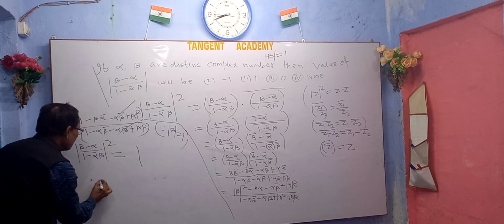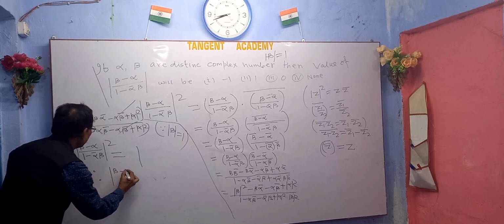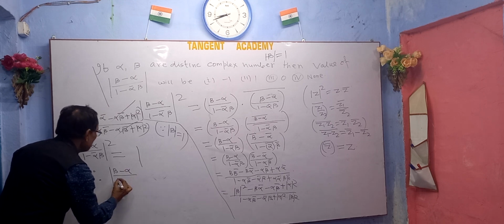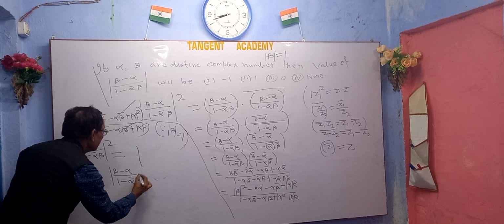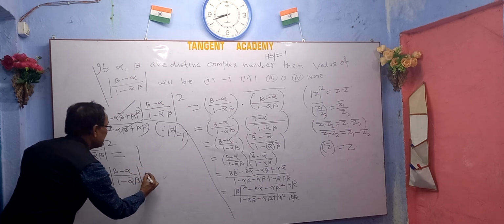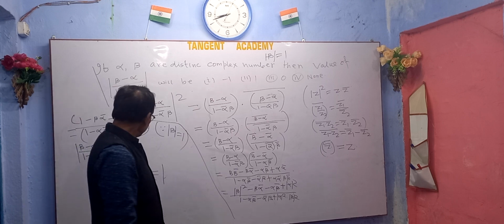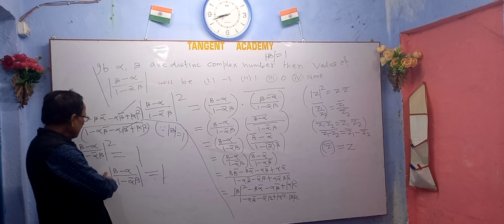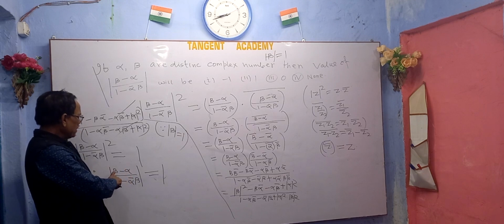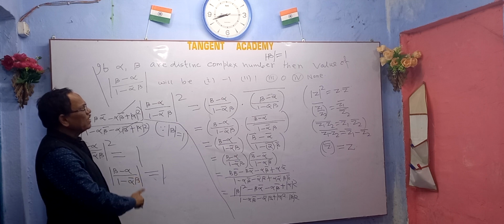Therefore we come to the conclusion that modulus of (beta minus alpha) divided by (1 minus alpha bar beta) is equal to 1, not plus or minus 1, because absolute value can't be negative.